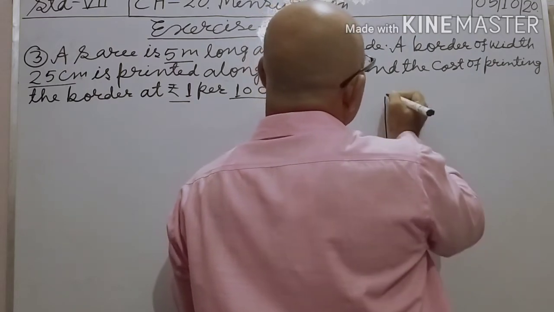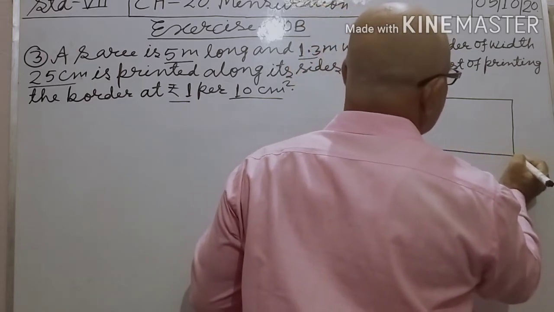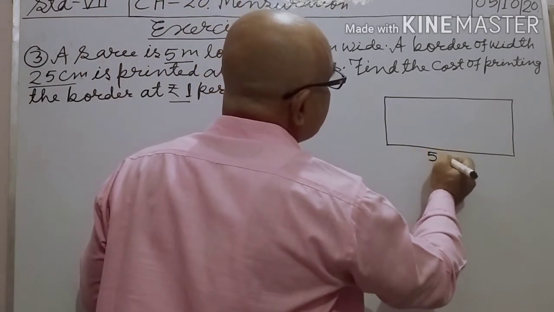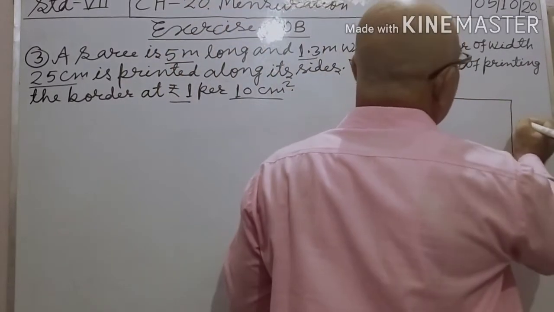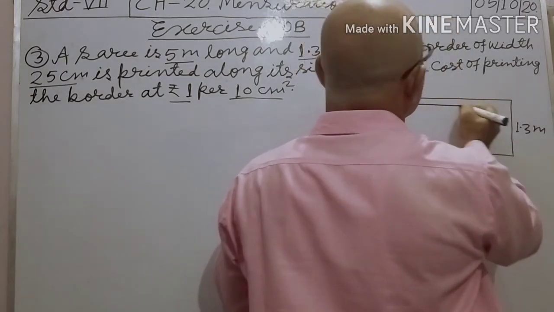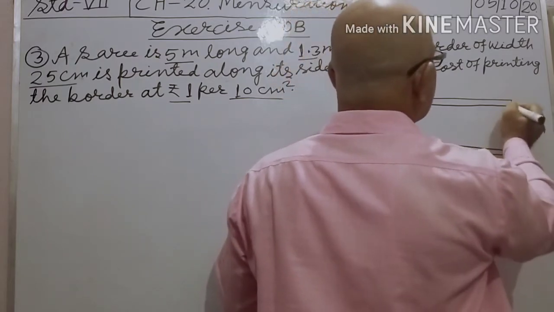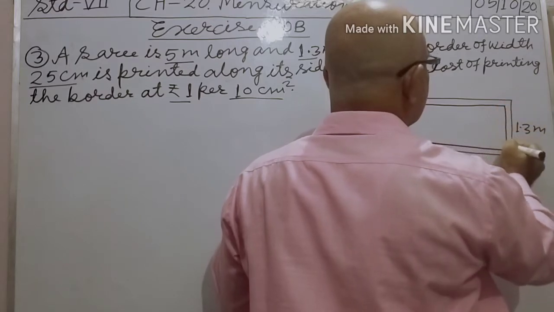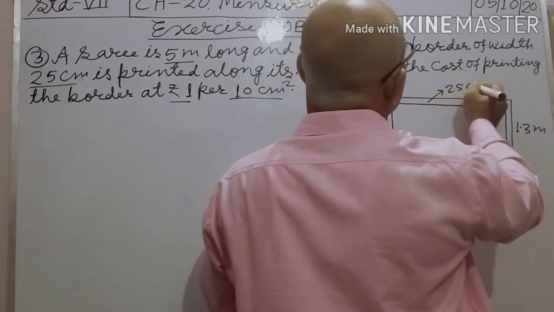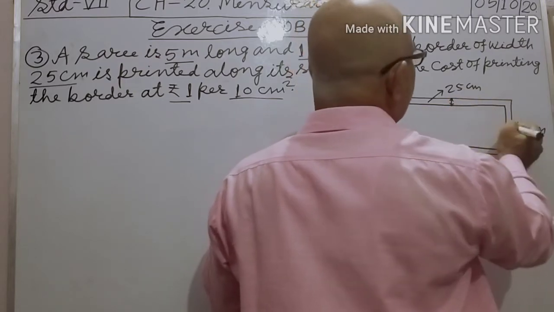Draw a figure showing length of 5 meter, width 1.3 meter, border is 25 cm all around this side, and this side.